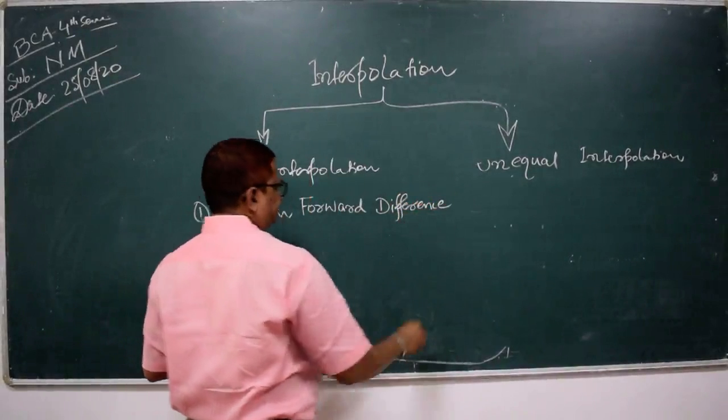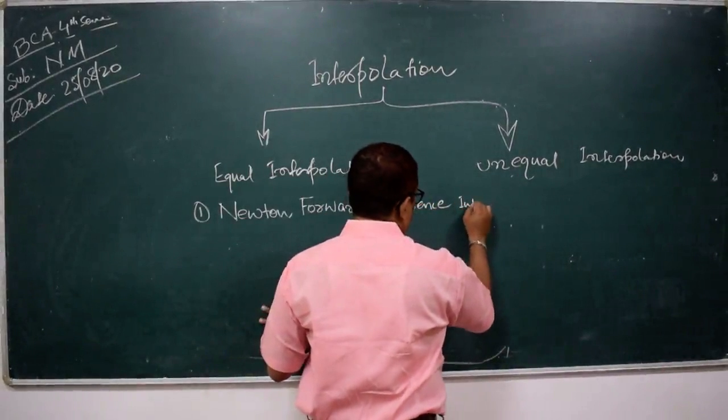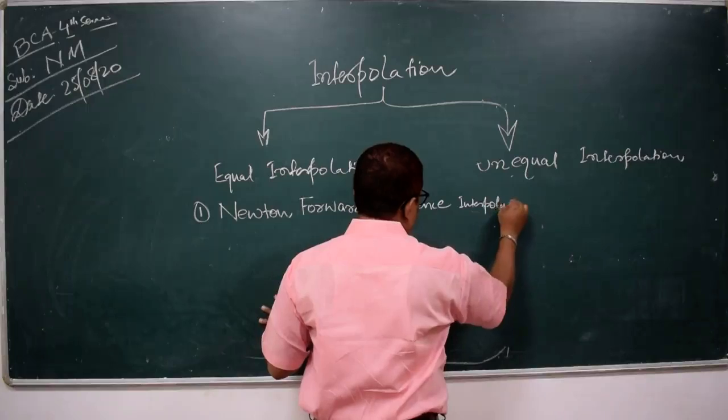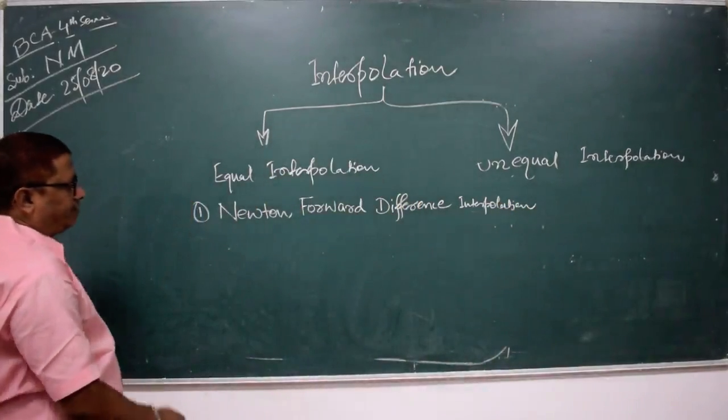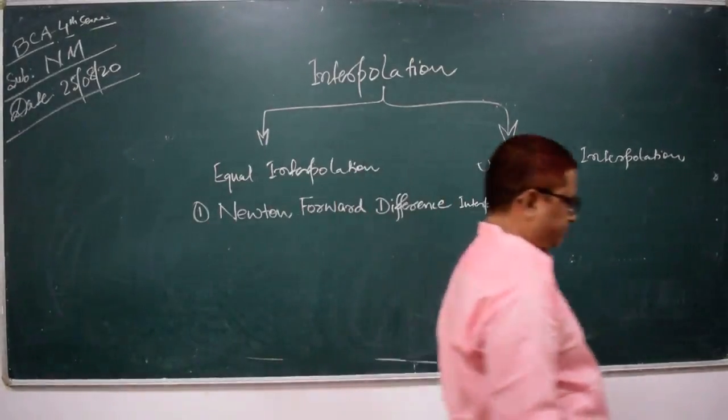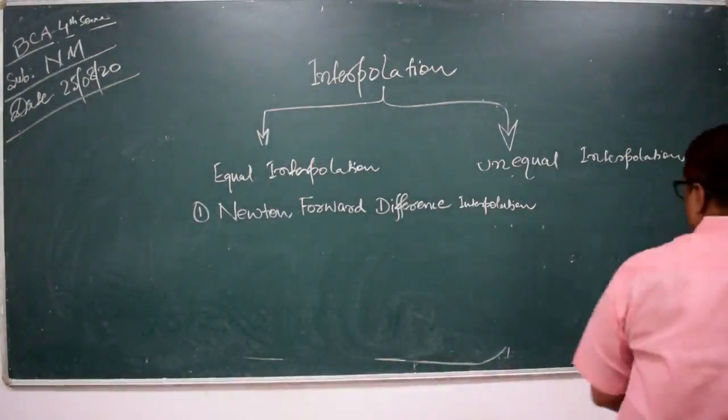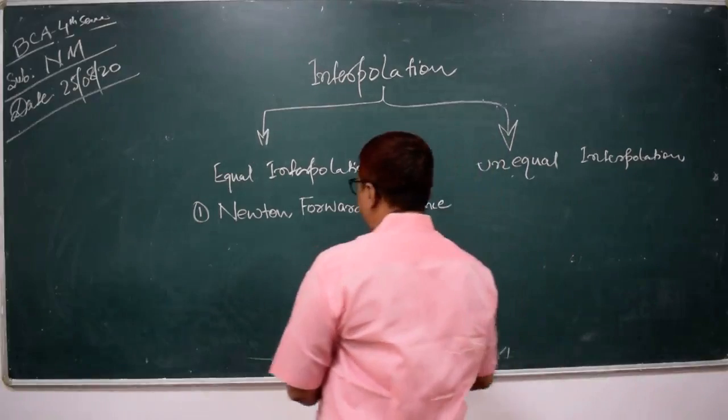The first method is called Newton forward difference interpolation.